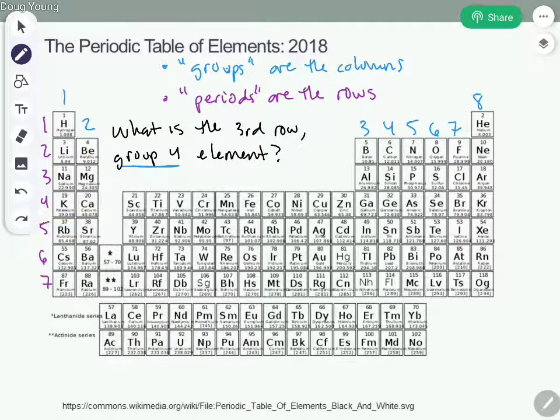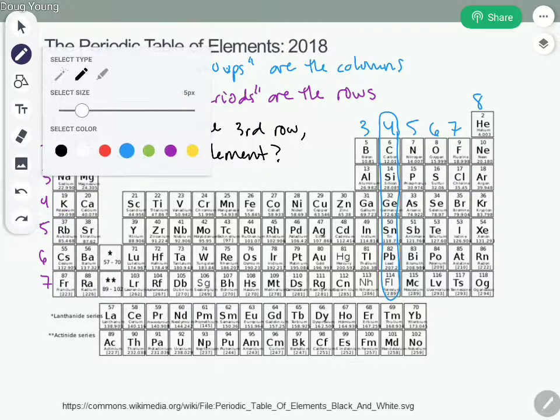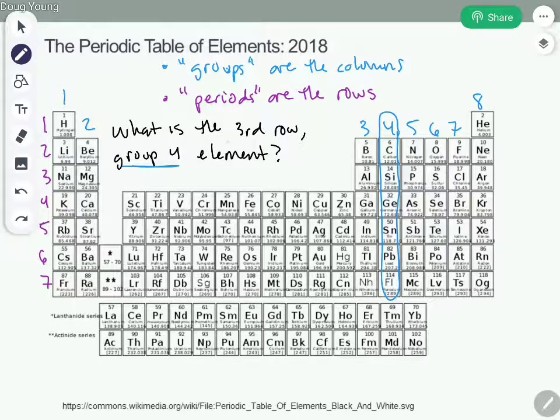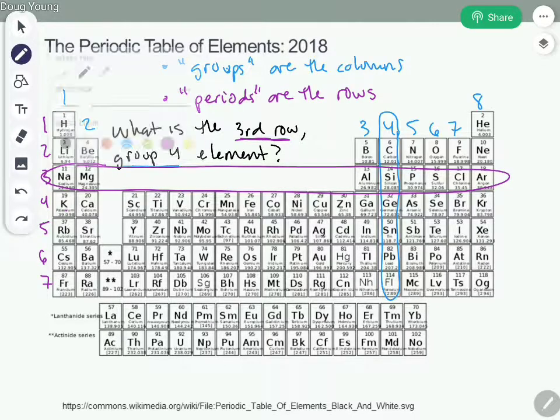So I know group 4 is this group, so here's my group 4. And they're asking about what period? The third row, the third period. So here's the third row, the third period. And if they're asking what that element is, then apparently they're talking about silicon. So your answer would be, oh, they're talking about silicon. That's the group 4 element that is in the third period, that's in the third row.